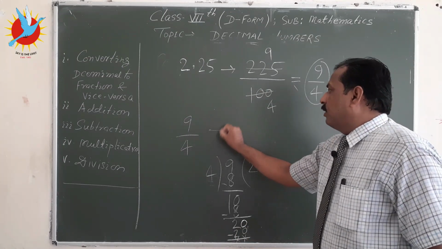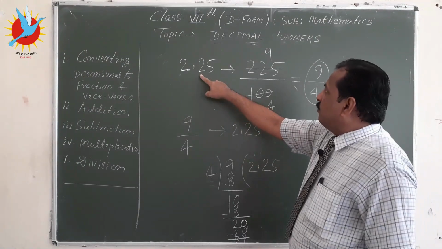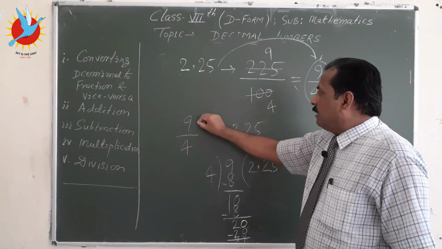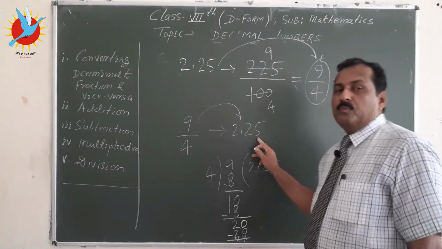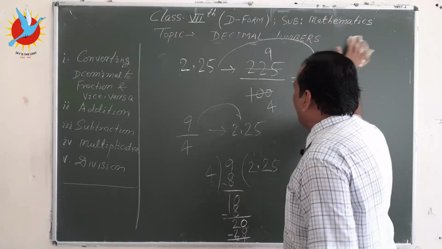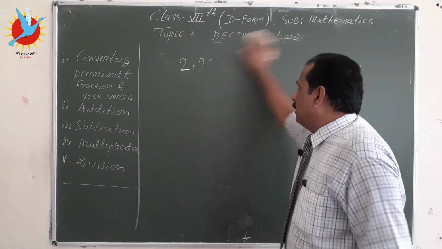So we got 2.25. So see, 2.25 we got 9 by 4, and 9 by 4 we got 2.25. So this is how to convert decimal into fraction and fraction into decimal.